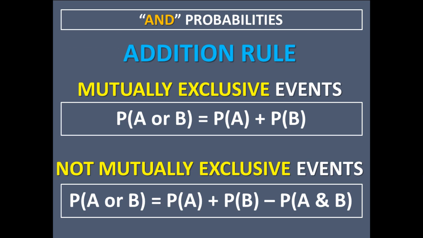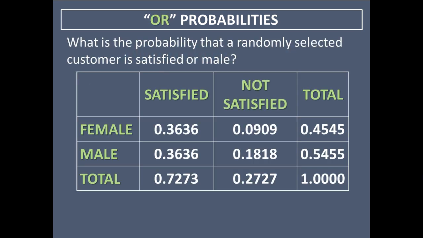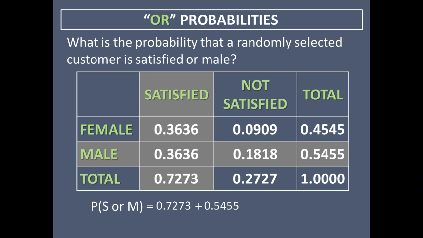We'll go now and do the exact same question we just did, however within a joint probability table. And again, dealing with OR probabilities, we have to ask ourselves, can these two things happen at the same time? Well, what we should see is that yes, they can, because there is an intersection of those two things.